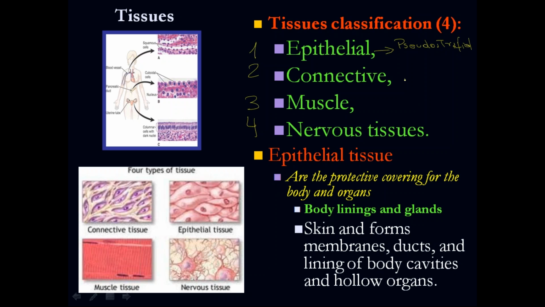And the pseudostratified epithelium, remember, are going to be cells that contain a nucleus here, and they are going to have a cilia, right? And they are going to have another cell with a big nucleus called the goblet cell. These goblet cells are going to form mucus, right? And that is where the pseudostratified is located: in the respiratory tract.